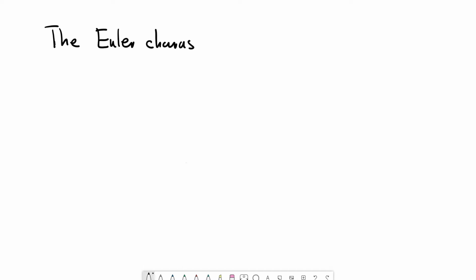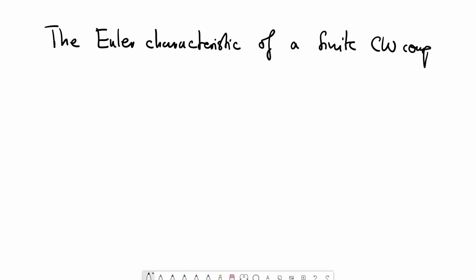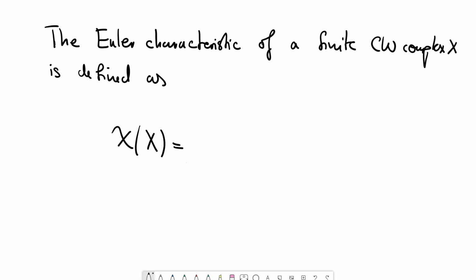and we introduce the Euler characteristic for a finite CW complex. It's defined as the alternating sum of the number of p cells.